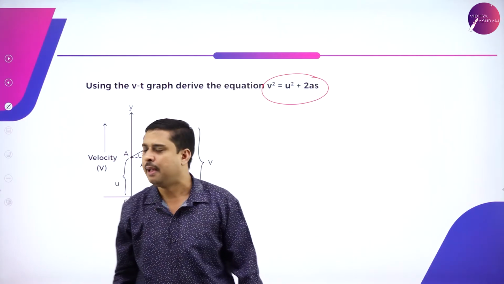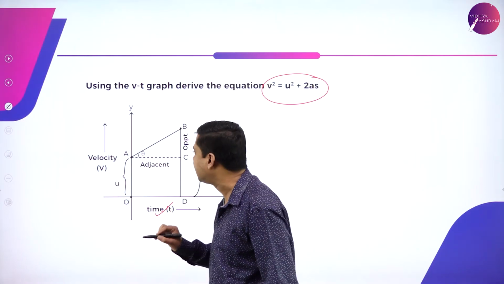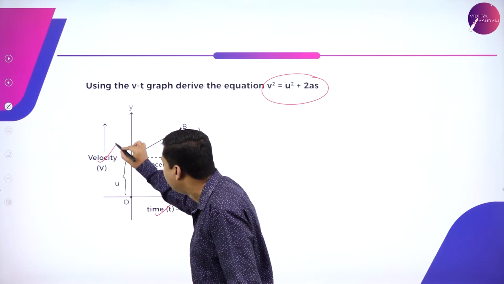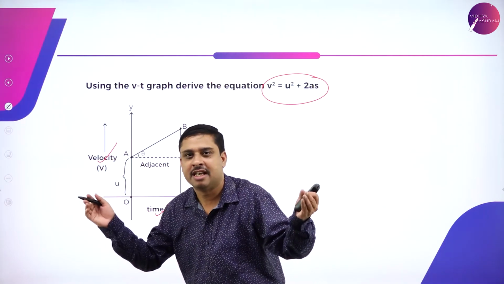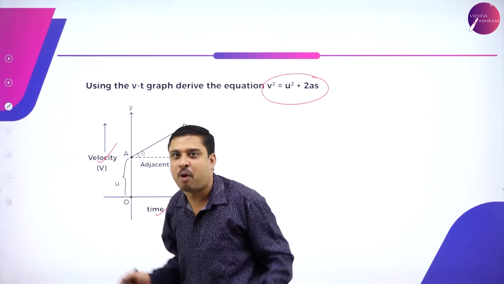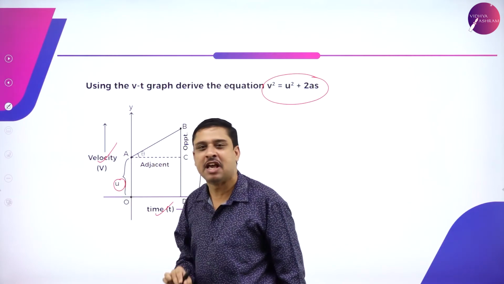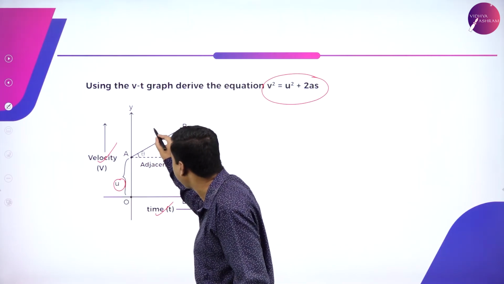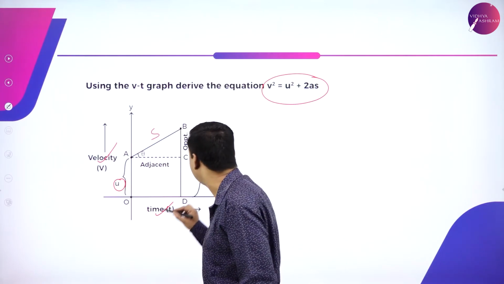Now, as usual, time along the x-axis, velocity along the y-axis. Very good. The parameters are now at the tip of your tongues. U, initial velocity.